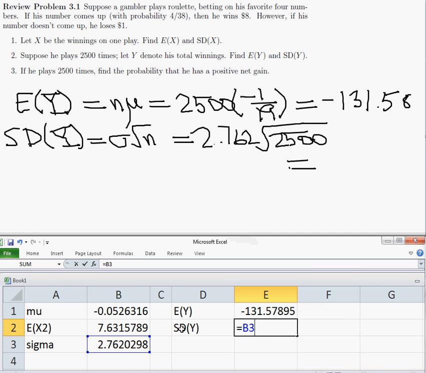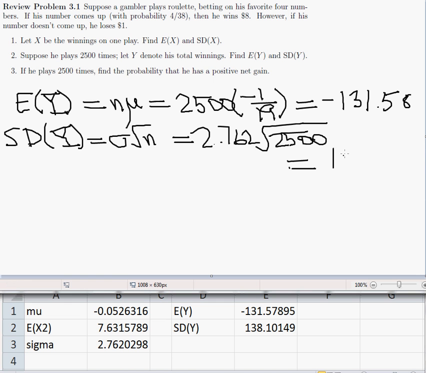So the standard deviation times the square root of 2,500 works out to be $138.10. So you expect to lose about $132, give or take $138.